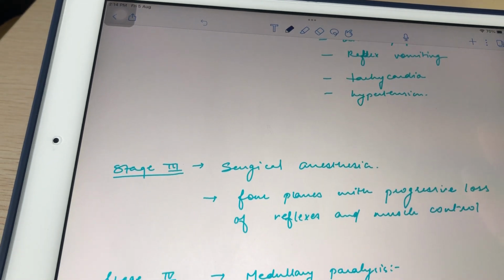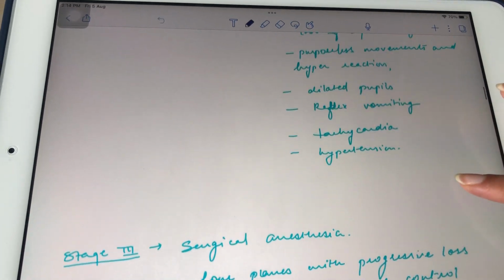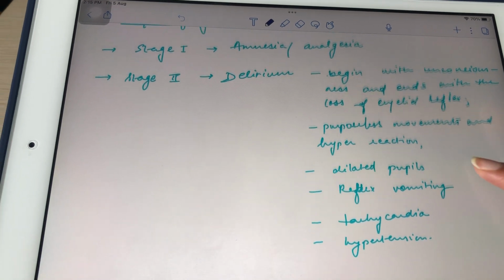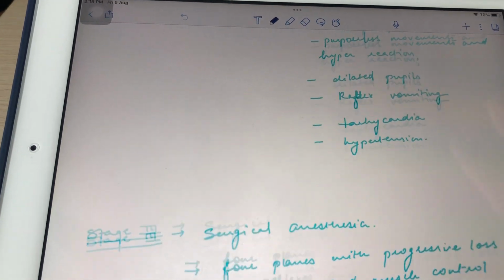And when the anesthesia wears off, the patient slowly goes backward and comes to consciousness.